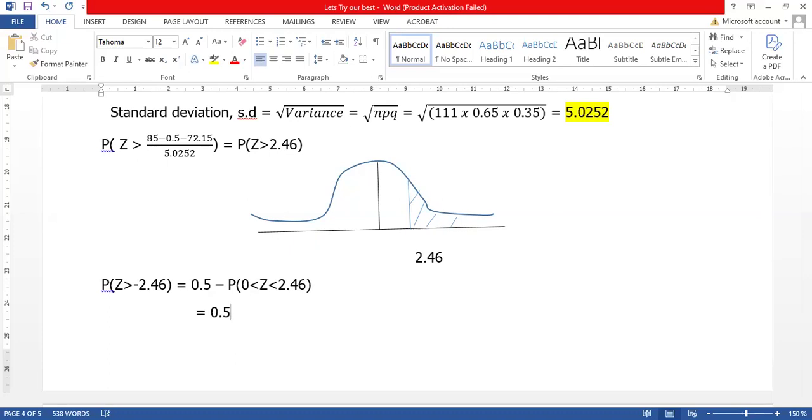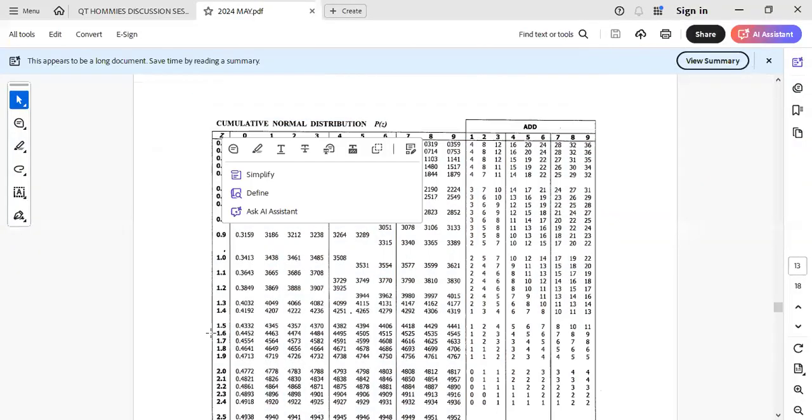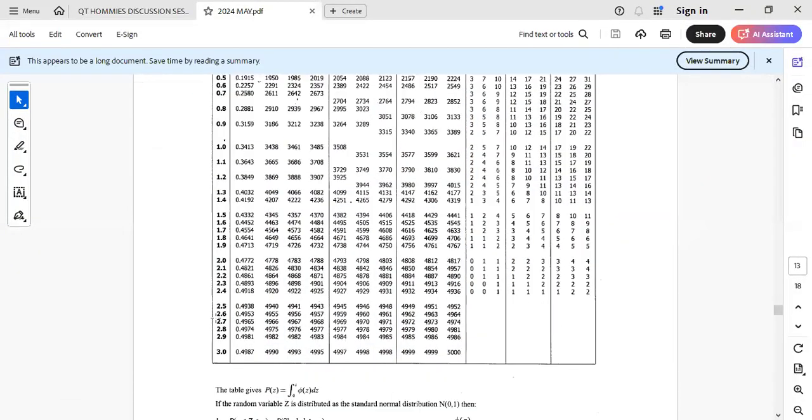What do you get from the table? What is the probability of 2.46? 0.4931.